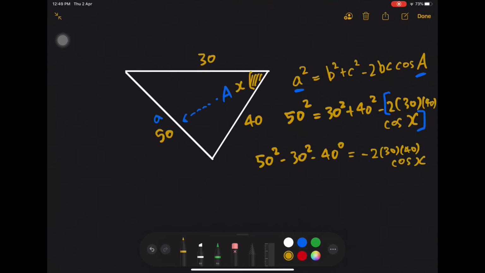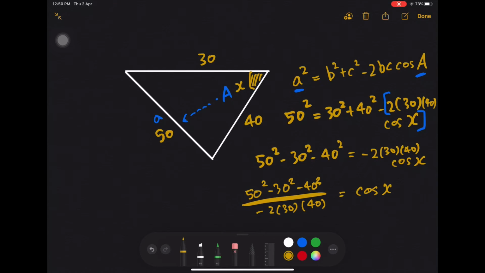Sorry, this is not 40 degrees, this is 40 square. So we divide the whole thing by negative 2, 30 and 40. So we have 50 square minus 30 square minus 40 square over negative 2 times 30 times 40 equals cosine x.